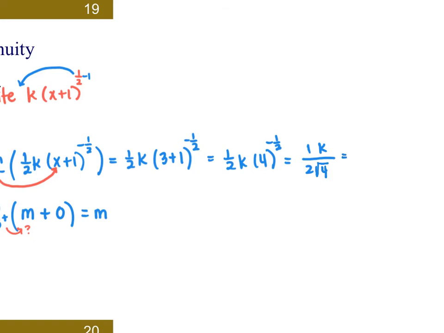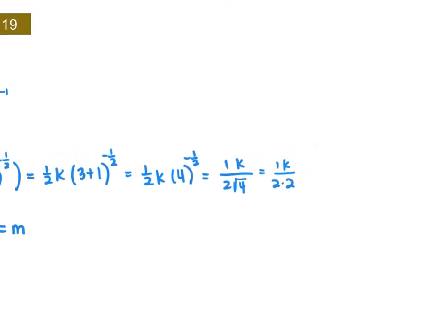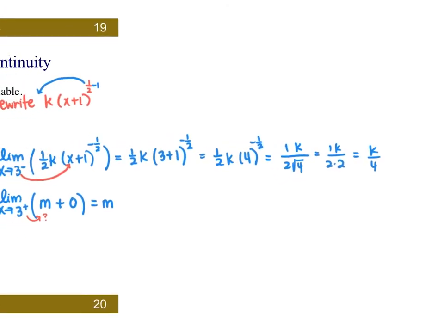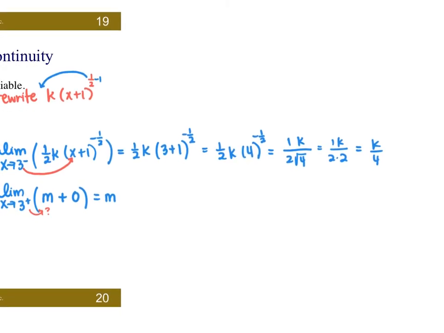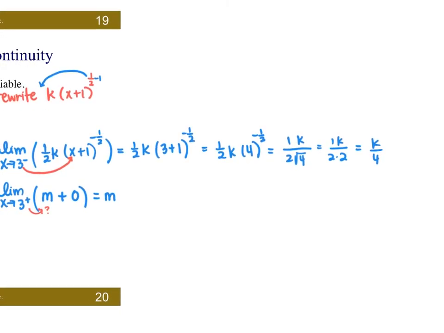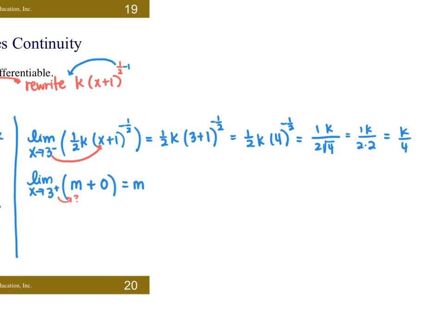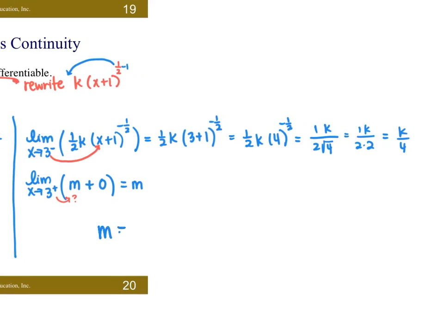So that's 1k on top and 2 times 2 on the bottom, which is k over 4. And from all of that, we know that those two things have to be equal. And so m must be equal to k over 4.